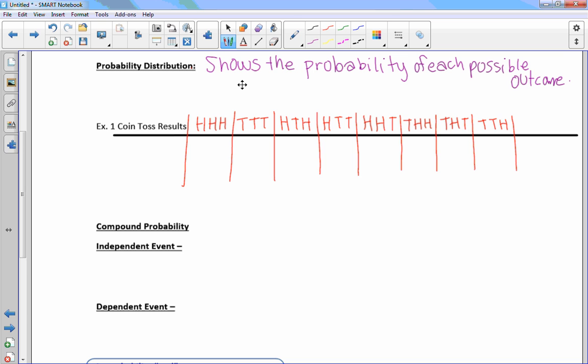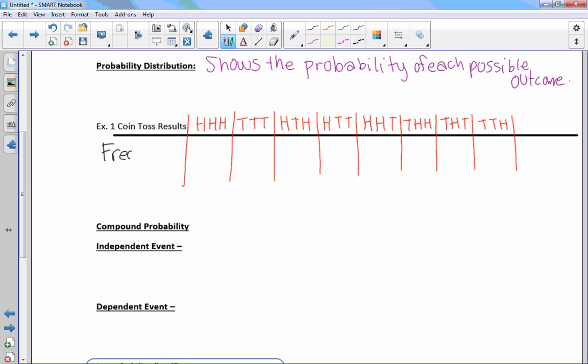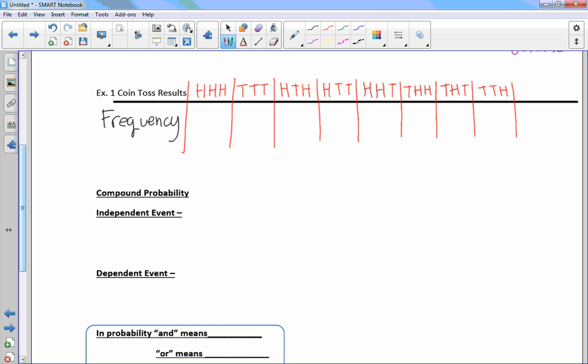Okay? Because we actually did this experiment, and this is the frequency that we got for each of these. We got heads, heads, heads 5 times. We got tails, tails, tails 10 times.